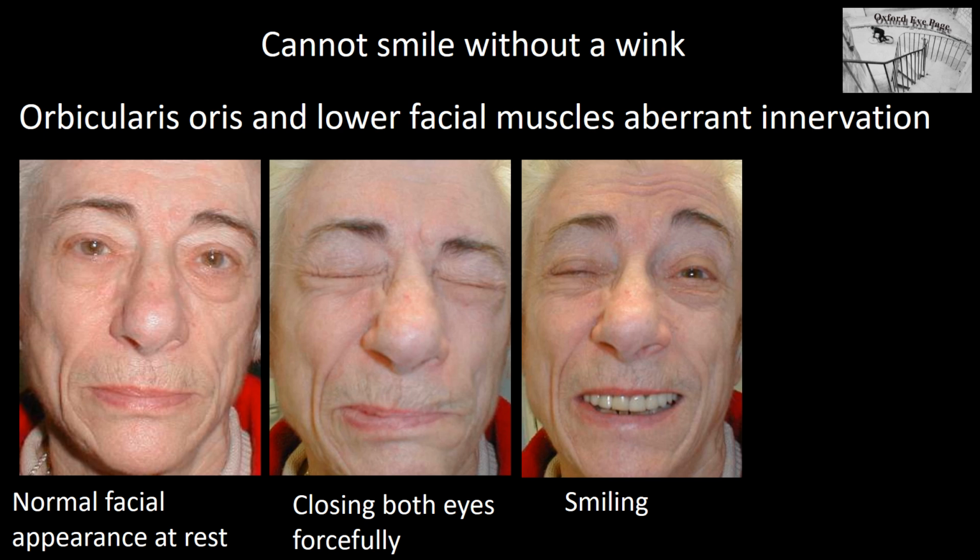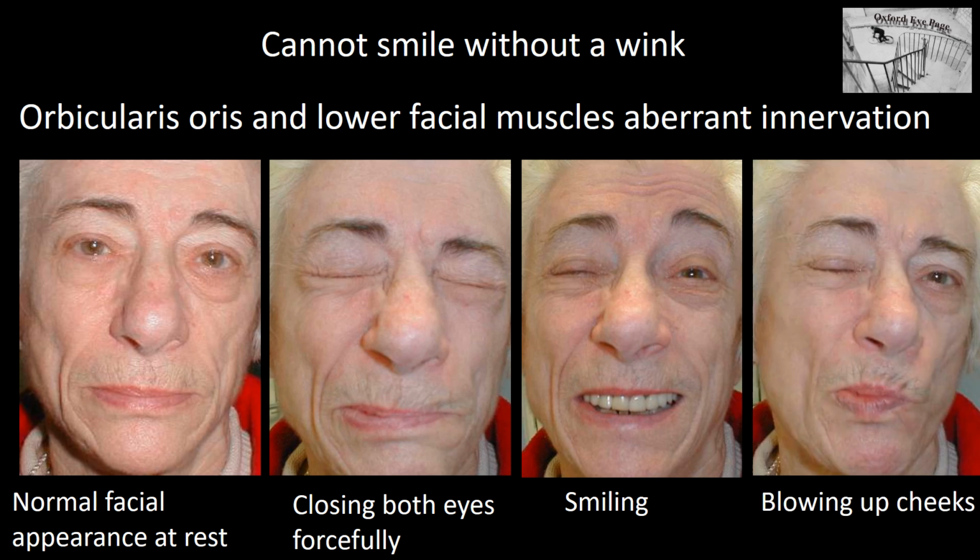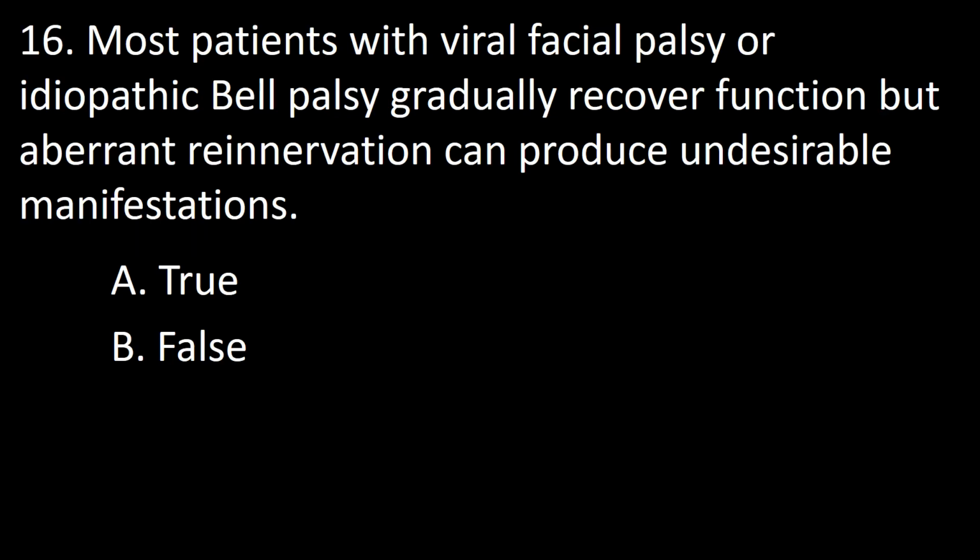When smiling, the right eye closes, indicating that fibers for the lower facial muscles of expression have ended up in the orbicularis oculi. The same phenomenon occurs when blowing up the cheeks, as you can see here. So the answer to this question is true.